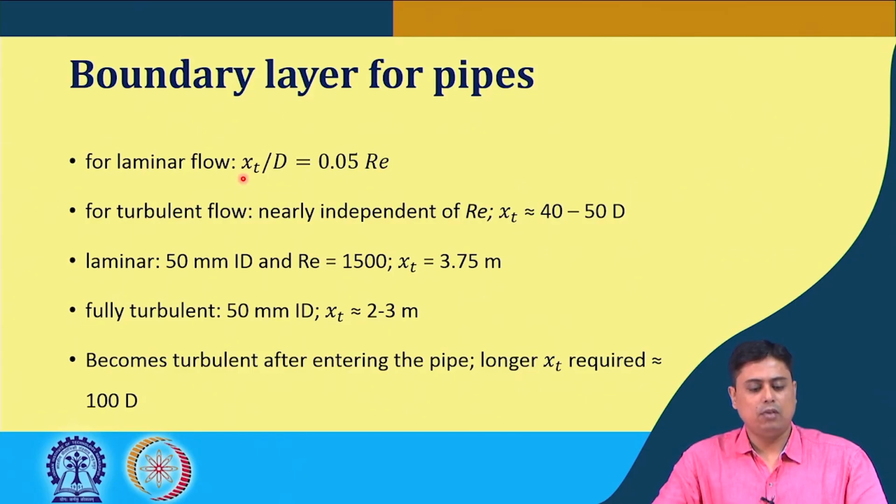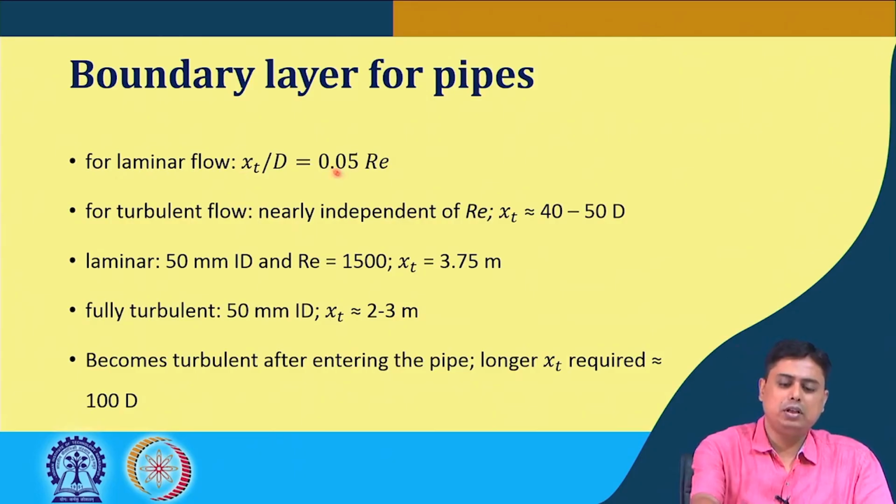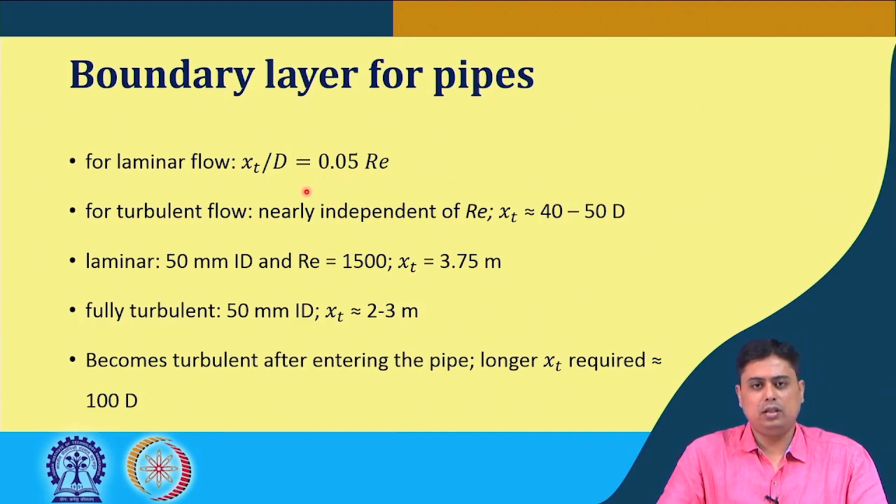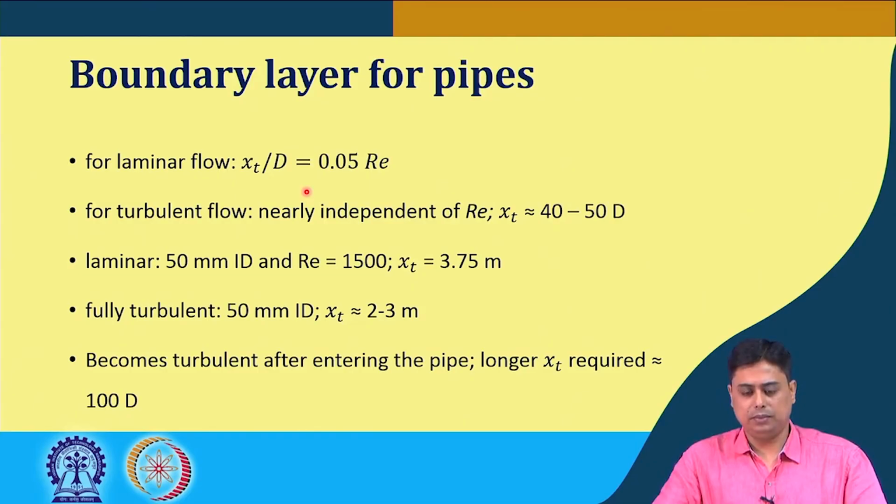For turbulent flow, typically when it goes to very high velocity, the transition and the turbulent flow occurs. In the fully turbulent cases, we see that this entrance length or transition length is nearly independent of the Reynolds number, and that transition length is typically 40 to 50 diameters of that pipe or the conduit where the boundary layer is developing.